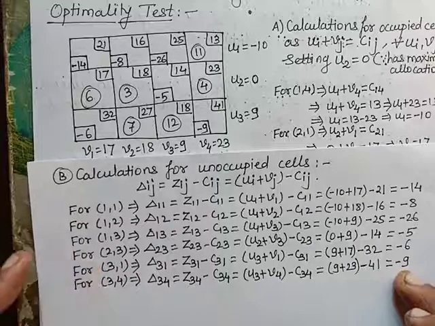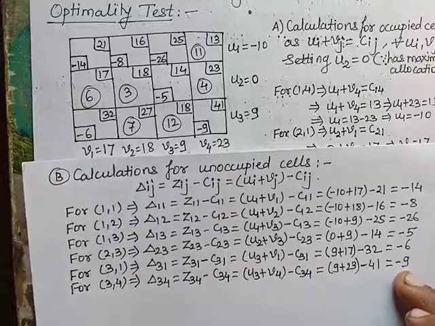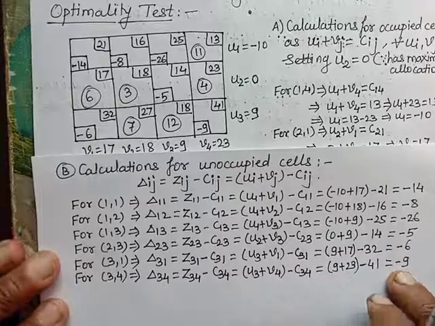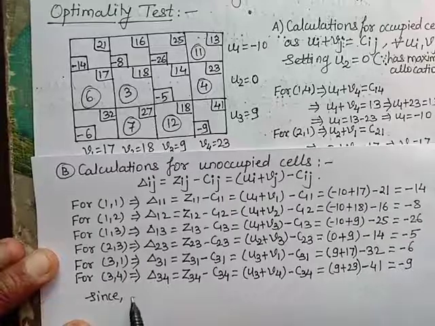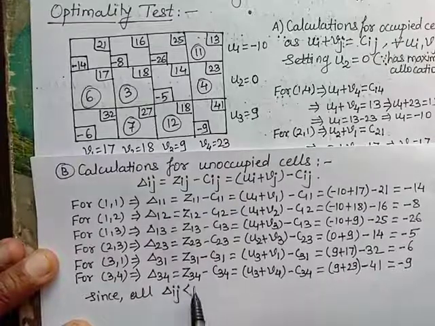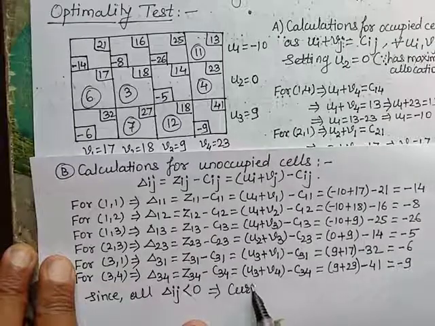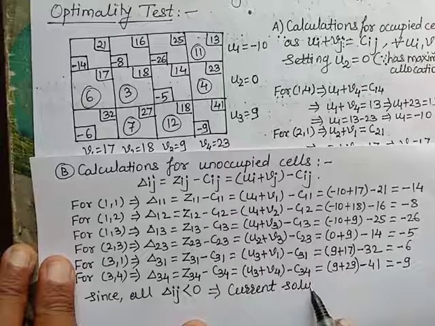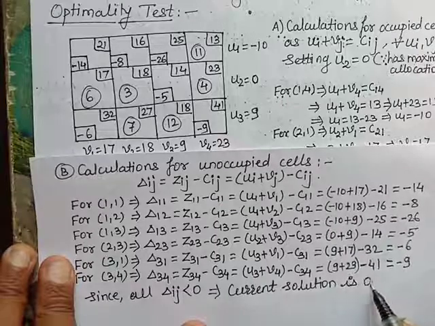So using the MODI test, let me write here that since all delta ij are less than 0, the current solution is optimal.